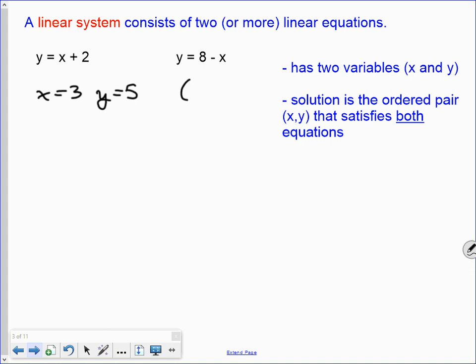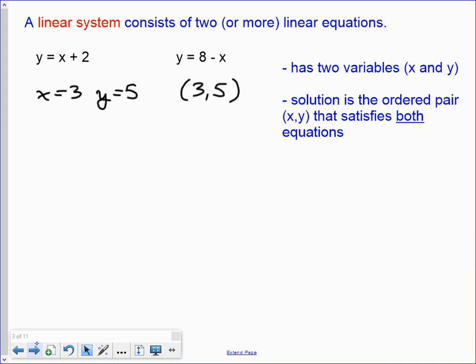Or we can write it as the ordered pair 3, 5, or the point 3, 5. How did we get the 3 and the 5? Well, that's what we're going to look at in the rest of this learning guide, is different ways of finding that value of x and that value of y. But x equals 3 and y equals 5 is the only pair of x and y values that satisfies both of these equations.